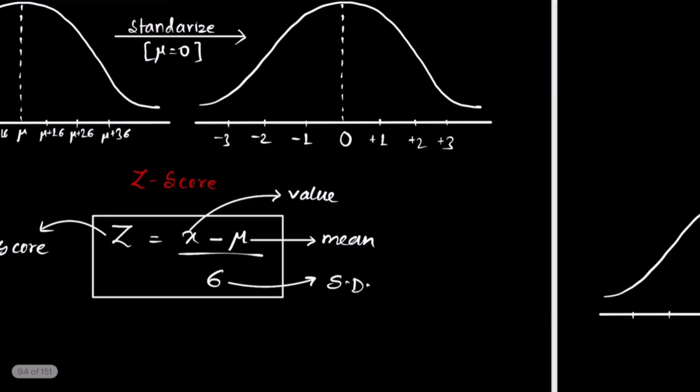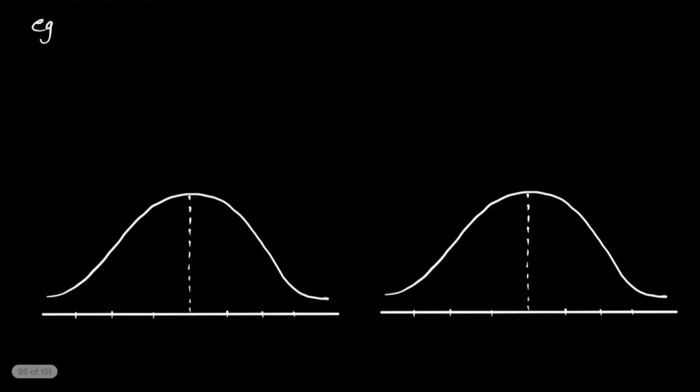Let me give you an example. Let's say you went to a class where the mean weight comes out to be 70 kg and the standard deviation of the weight comes out to be 2 kg.